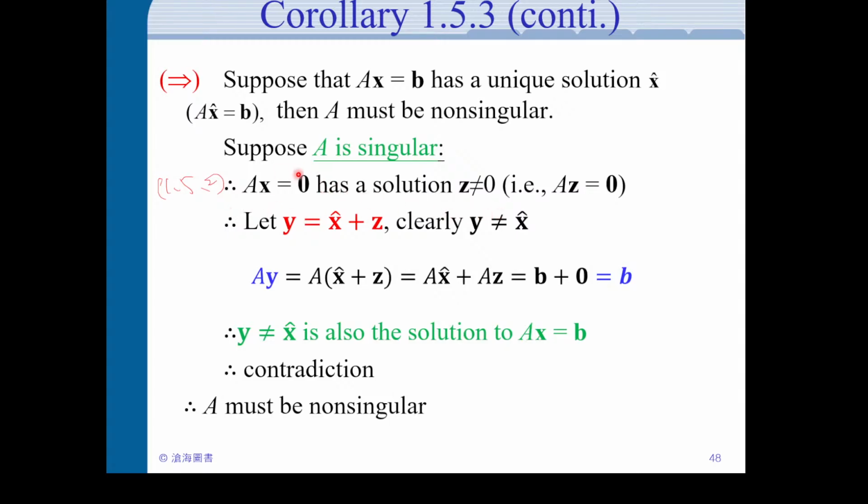Remember, this is a homogeneous system, and you have more than one solution. But anyway, it has a non-zero solution z not equal to 0 such that Az = 0.